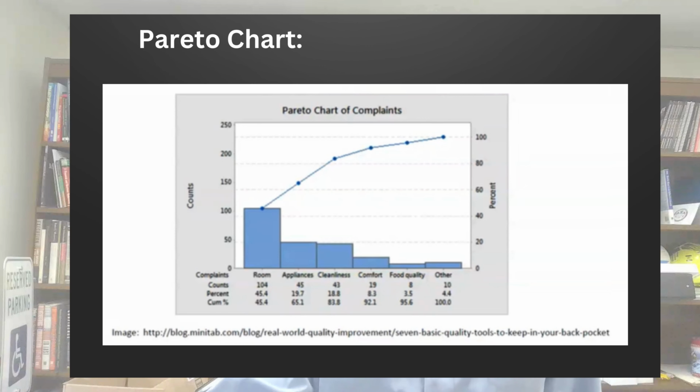My favorite tool is a Pareto chart, and keep in mind the Pareto chart is a form of a histogram. But honestly, this is my favorite tool. The reason why is because it helps you to prioritize what is really important and what's not. Sometimes we'll call it the 80-20 rule.